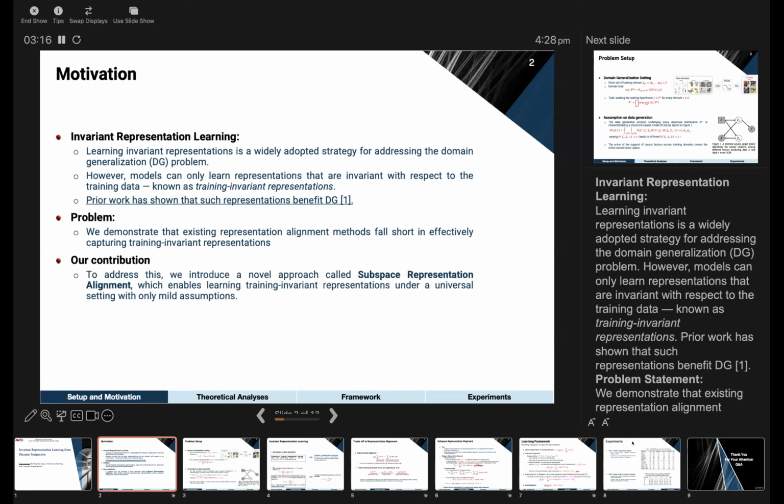And to address that problem, we propose a novel method called subspace representation alignment to capture the invariant feature in the training domains under universal and weaker assumptions.